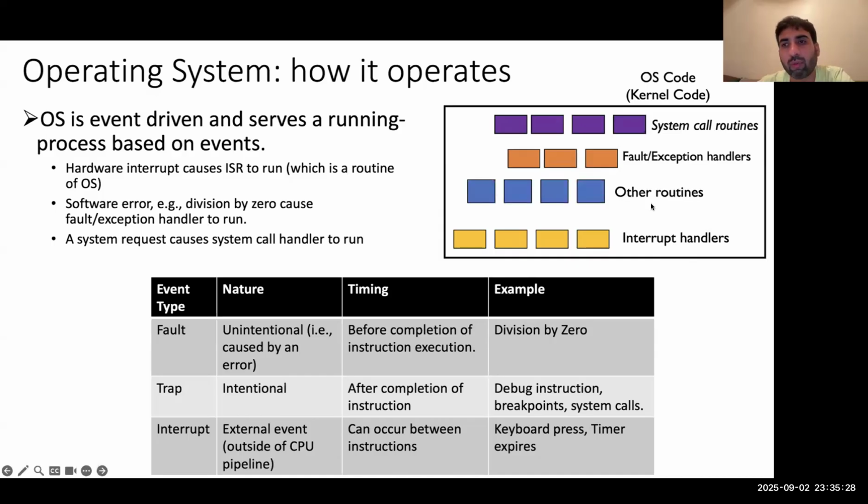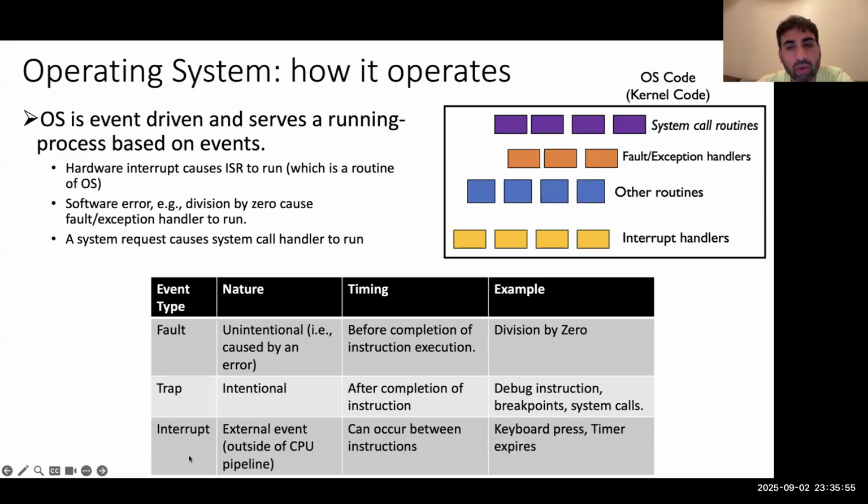And other than that, there will be other routines also in your OS code. The main takeaway of this slide is that your OS is event-driven software. Your user program or process, when it is running, may generate different types of events, like a fault, trap, or interrupt, or making a system call.